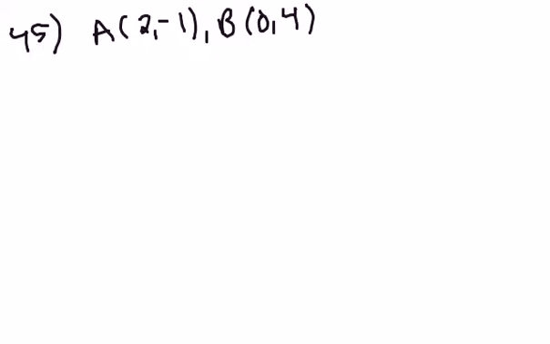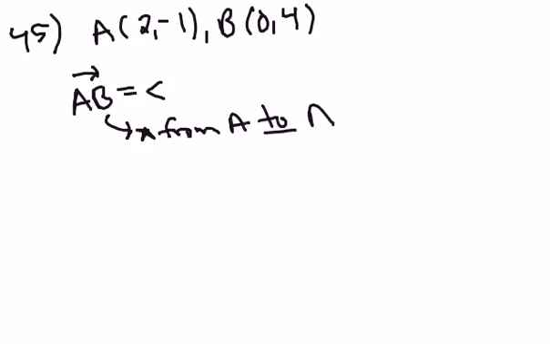Let's go with number 45. Number 45 says, given the points A, which is (2, negative 1), and B, which is (0, 4), what is AB, in other words, going from A to B, in component form? I'm going to make a note here: this means from A to B. This does matter because vectors do have a direction.